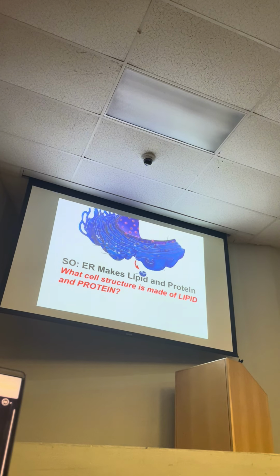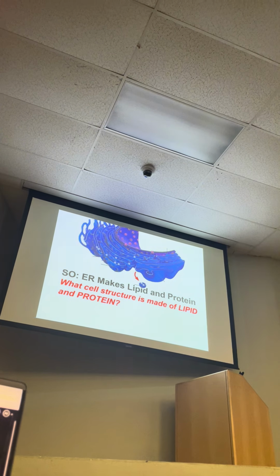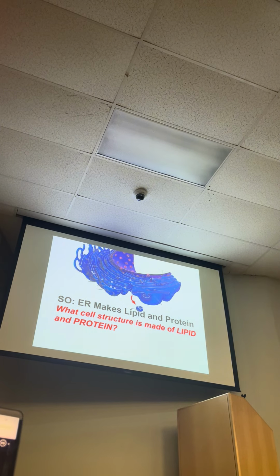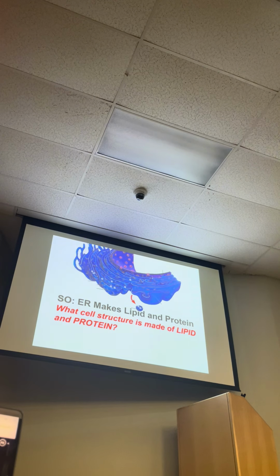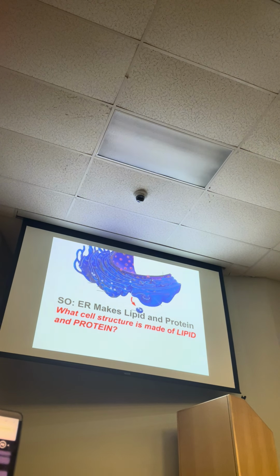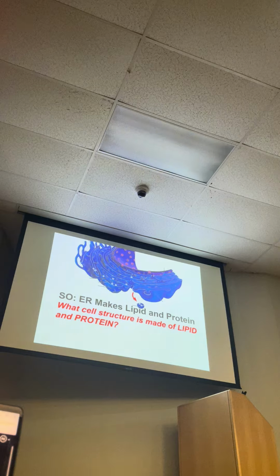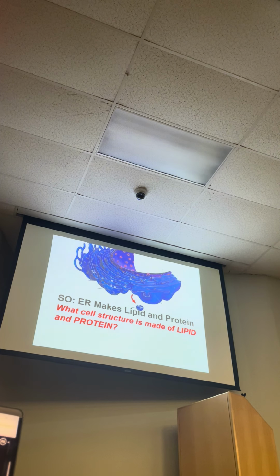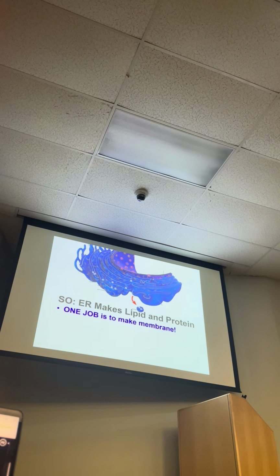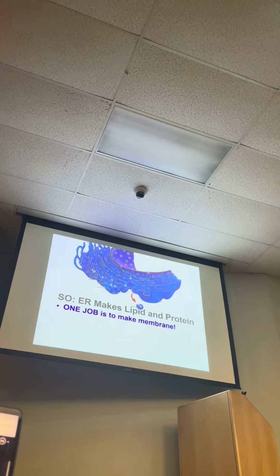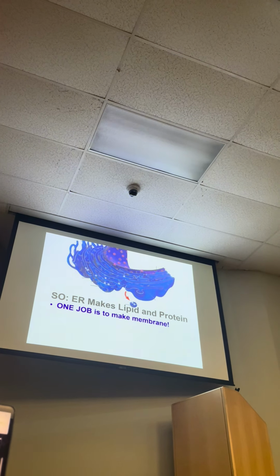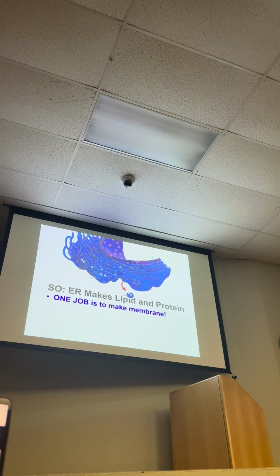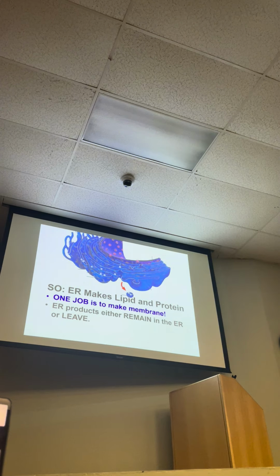When a cell is born through cell division, it grows and grows. The way it grows is because it is fed vesicles that are made by the ER. So one job of the ER is to make membrane, which is made of lipid and protein.